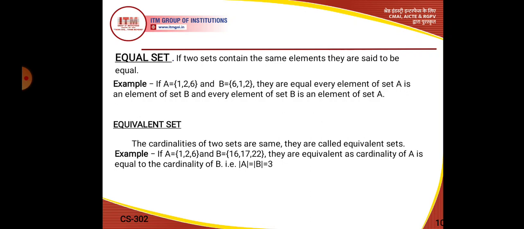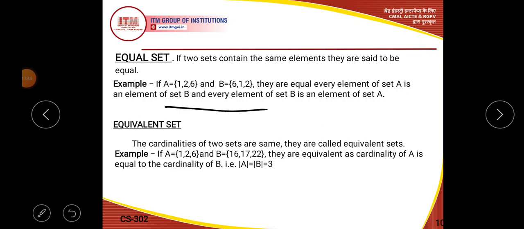For example, if capital A is equal to 1, 2, 6 and capital B is equal to 6, 1, 2, then both the sets are equal because every element of set A is an element of set B and every element of set B is an element of set A. So we can see in capital A, 1, 2, 6 are the elements of capital A, and in capital B, 6, 1, 2.